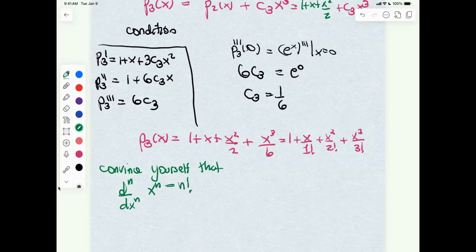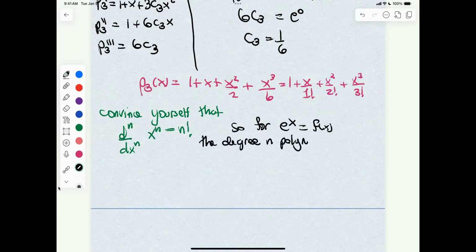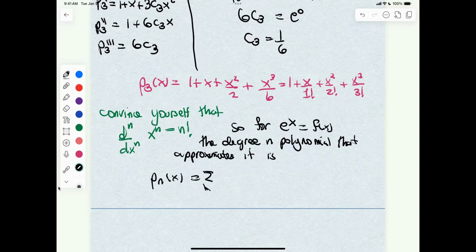So the approximation of degree n to the exponential is up to x to the n divided by n factorial. So for e to the x, the degree n polynomial that approximates it is the sum from k equals 0 to n of x to the k divided by k factorial, which is what I was writing right here.